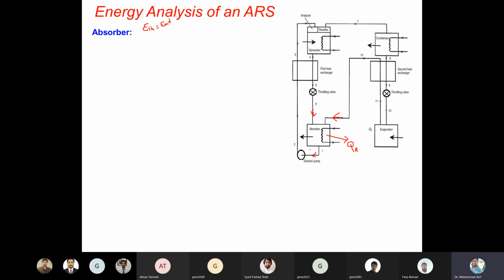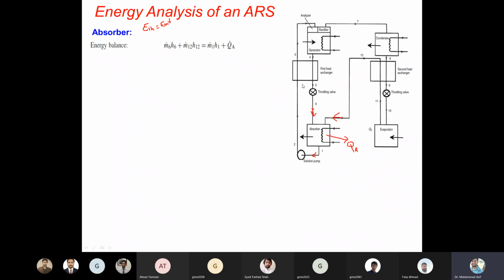So that means the two components are coming in and the two components are going out. So M6 H6 plus this is the 12, M12 H12, should be equal to M1 H1 plus QA. So that's the energy balance for the absorber.